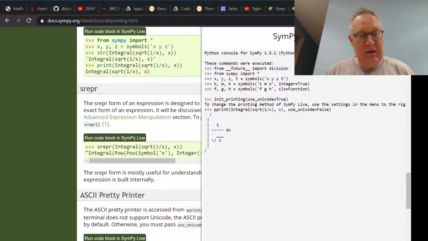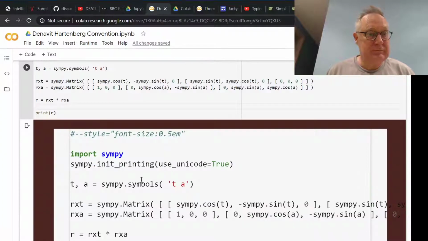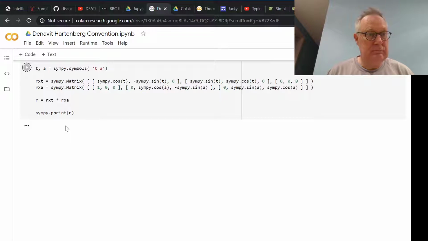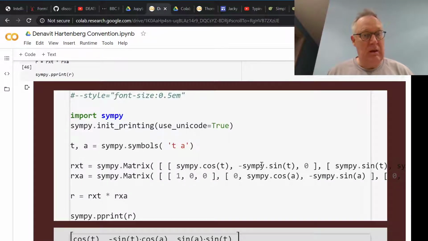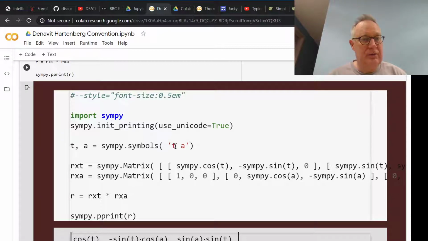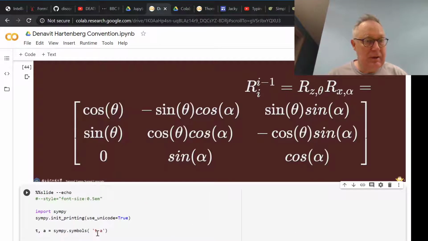Let me try that. So as you can see, this is actually pretty neat, right? We can now do mathematical calculations using, and I wonder if I can change this to, yeah, then that would look even cooler.